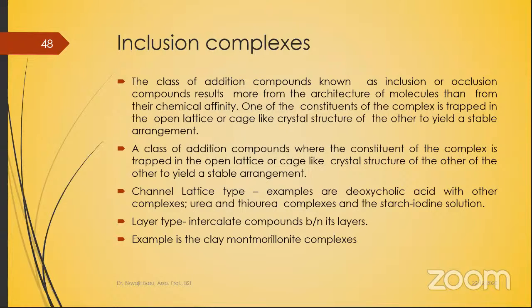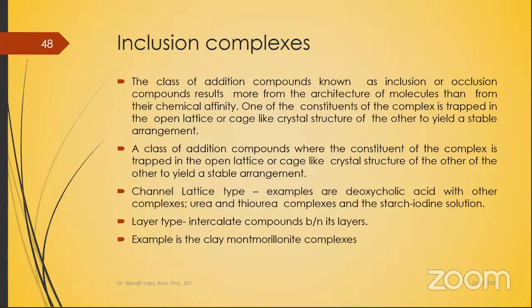So first we have to know what is the meaning of inclusion complex. These complexes are also called occlusion compounds, in which one of the components is trapped in the open lattice or cage-like crystal structure of the other. Here I have written it already.